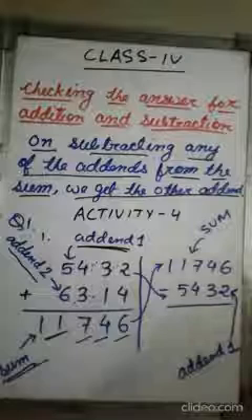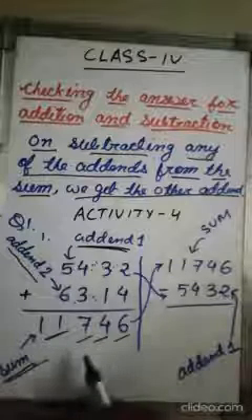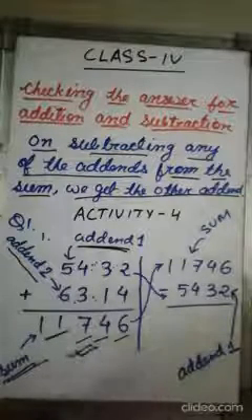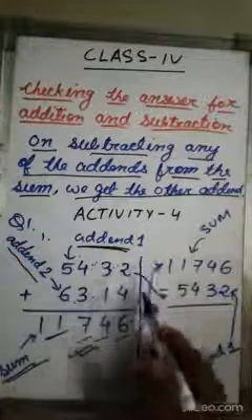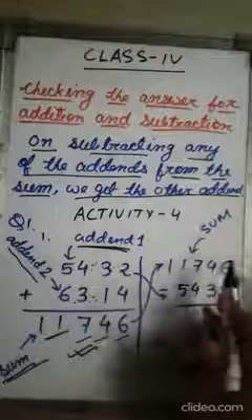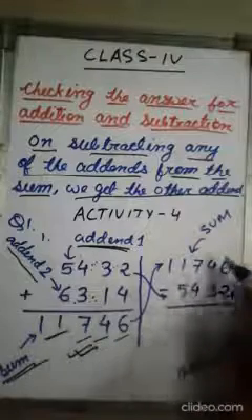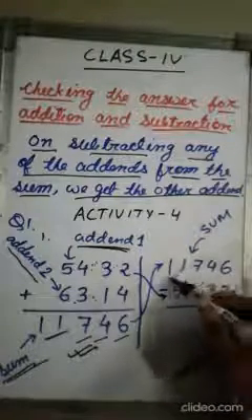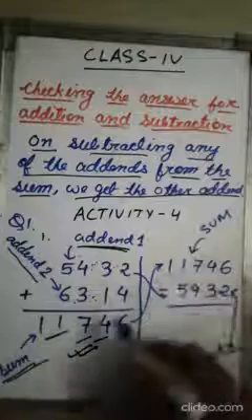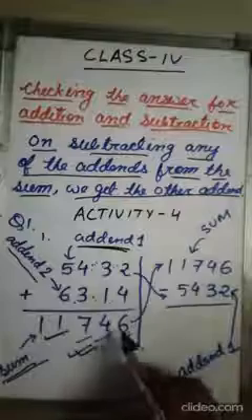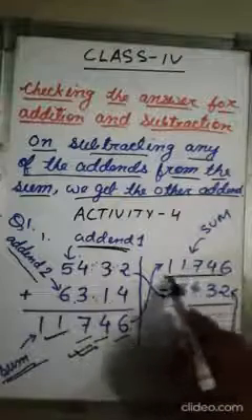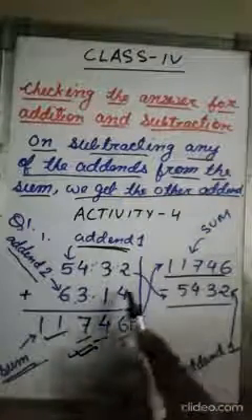Now, we have to check if our sum is correct or not. For that, I have drawn one line on the right side of the page. I have written the sum here, 11,746.